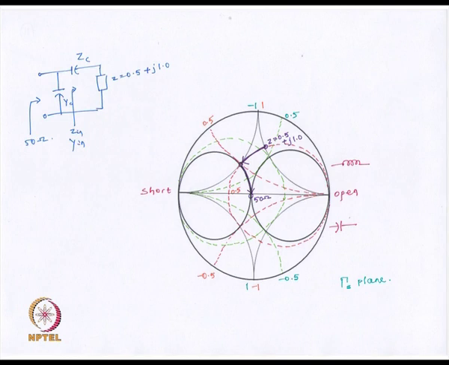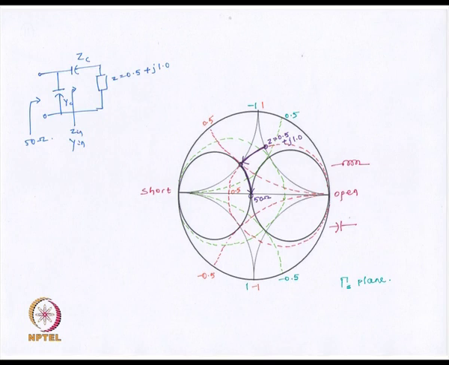So, the first method, we first travel along a constant resistance circle. Now, look, this point is upwards of the origin. So, we have to go downwards. So, first what we do is we go downwards along a constant resistance circle, and then touch the G equal to 1 circle at this point.